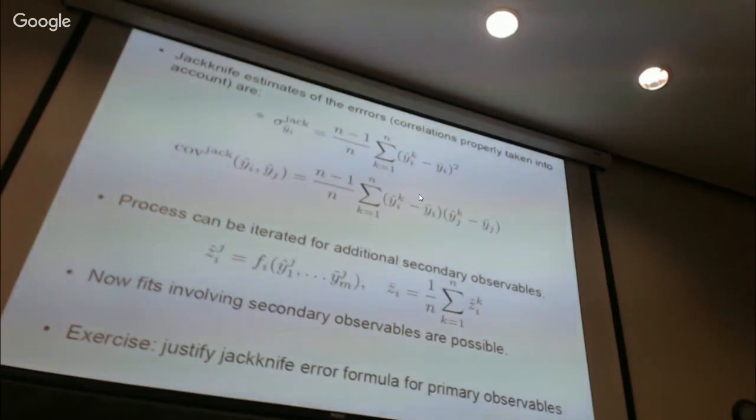Similarly, you can generalize this estimate of the variance, well, I should say the error, sorry, to the covariance in this same manner. One of the key advantages to jackknife and these resampling plans in general is that you can iterate this process any number of times very easily.